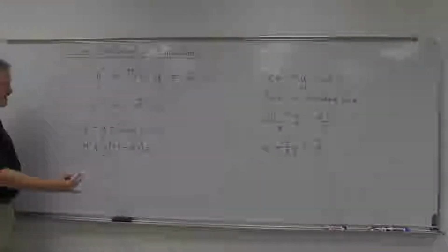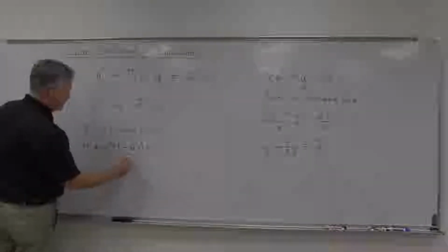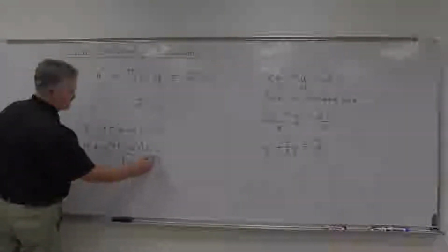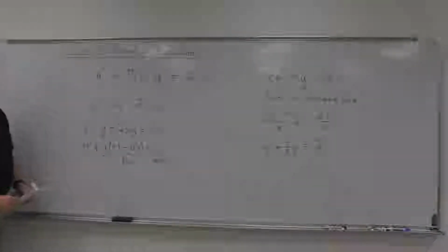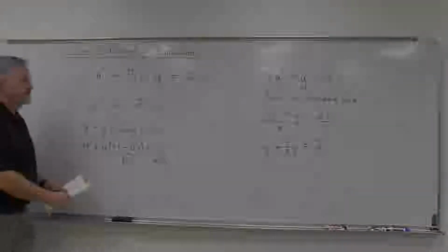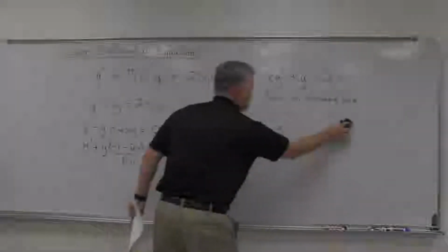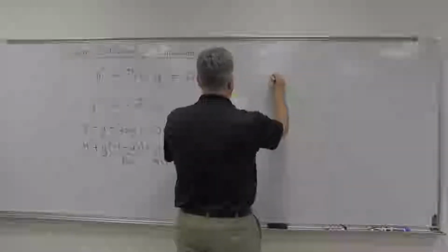And so now we have it in the standard form. This is the p of x, and that's our q of x. So that's just an example of one not in standard form.